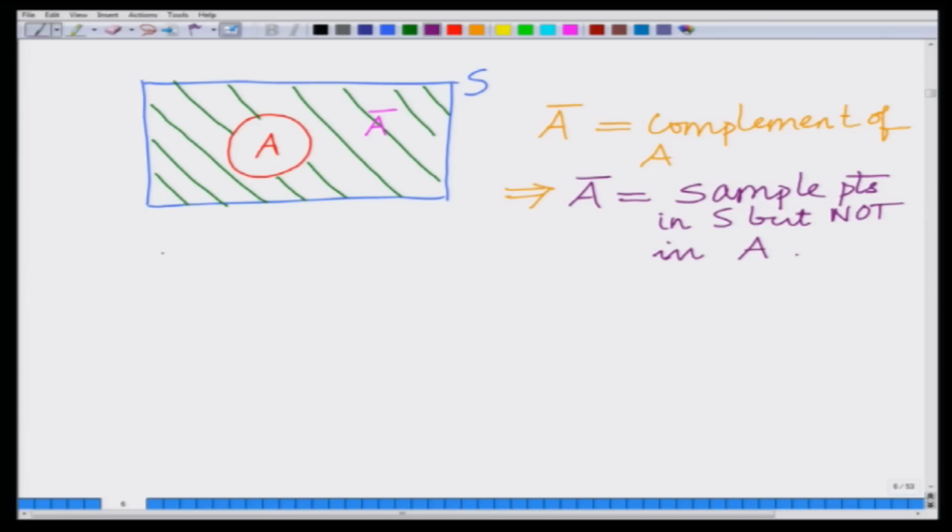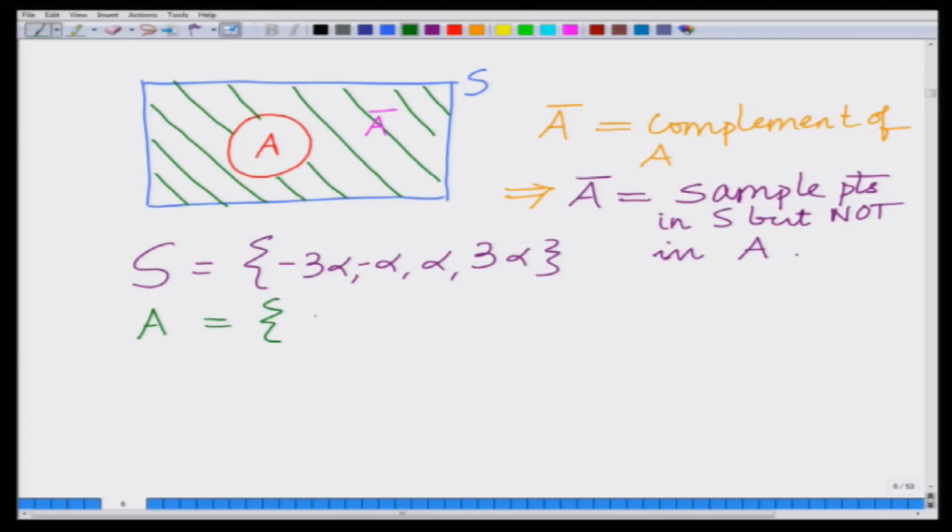For instance, let us go back to our example. I have S equal to minus 3 alpha, minus alpha, alpha, comma 3 alpha. I have my set A, which we have defined as minus 3 alpha, comma alpha.